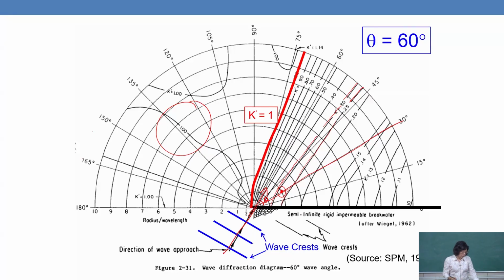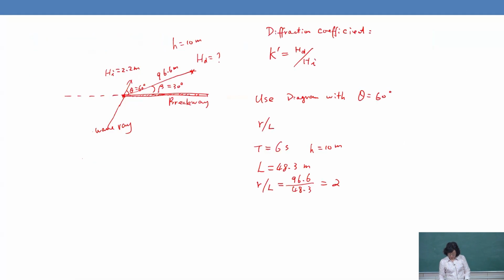So I would say, I would take those values as 0.28. So from the diagram, K will be equal to 0.28. So maybe you read it as 0.27, so that can be a little bit different. But we know definitely between 0.3 and 0.25. So that's from the reading.